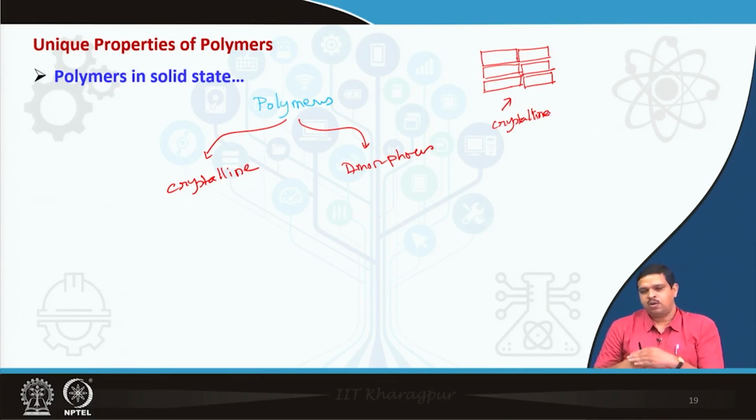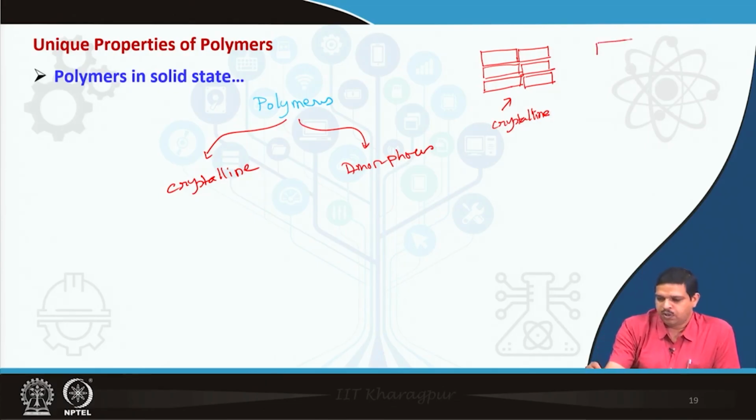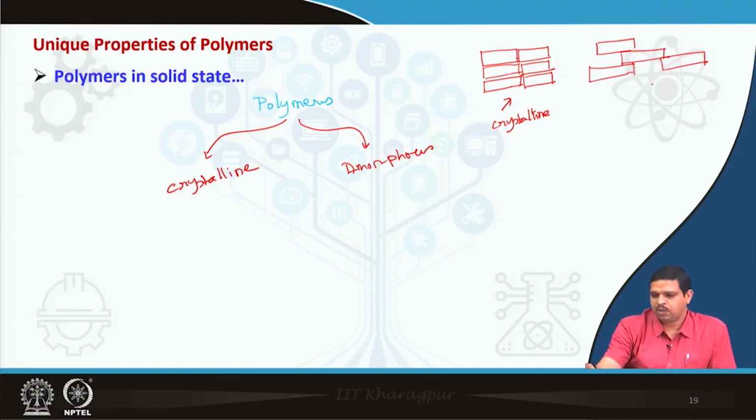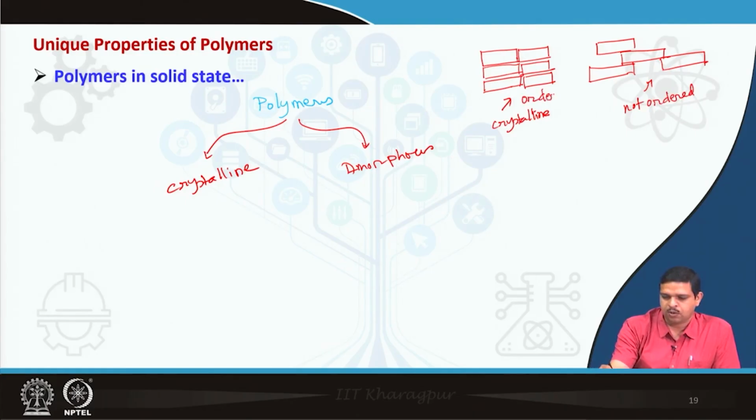Now, I told you that a polymer chain does not stay straight or free, it remains as an entanglement like that, in the solution, and obviously also in the solid state.